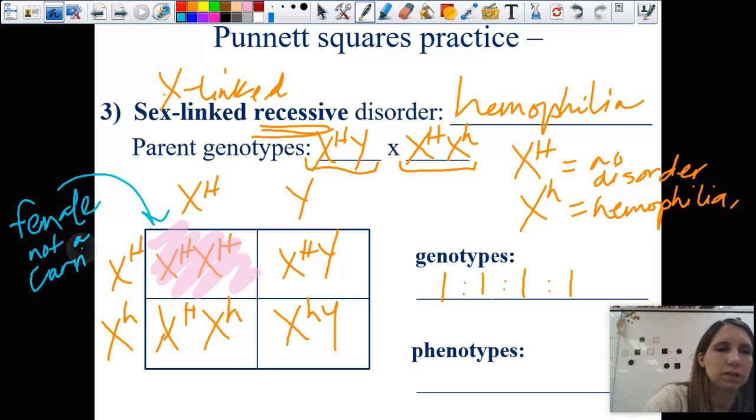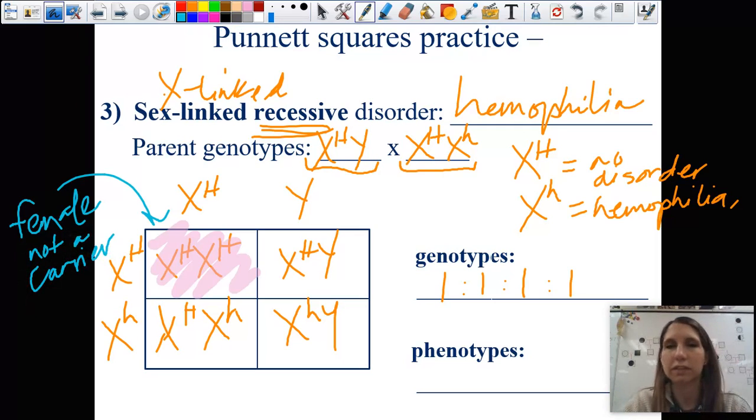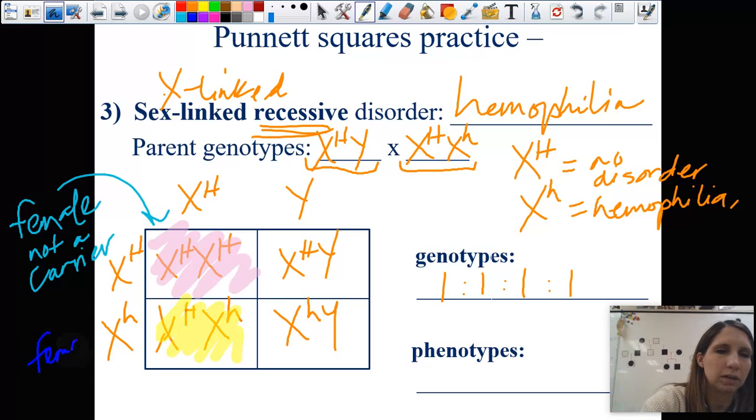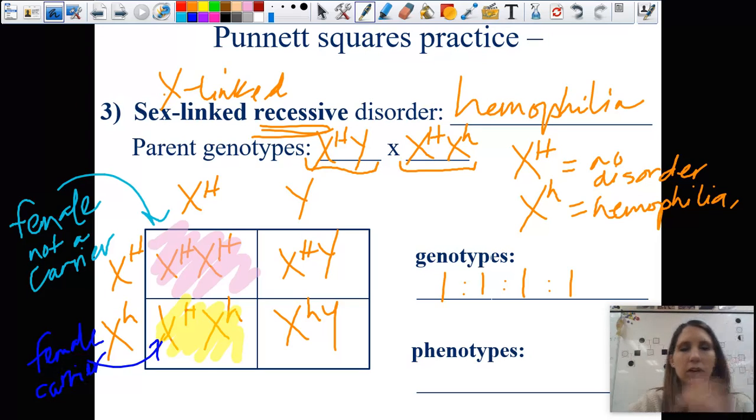And you could have also said she's completely unaffected, right? If I go on here to this individual, here's my other female. This female here, though, on the other hand, has a big H and a little h, kind of like mom did. So again, we can call her a carrier, okay?